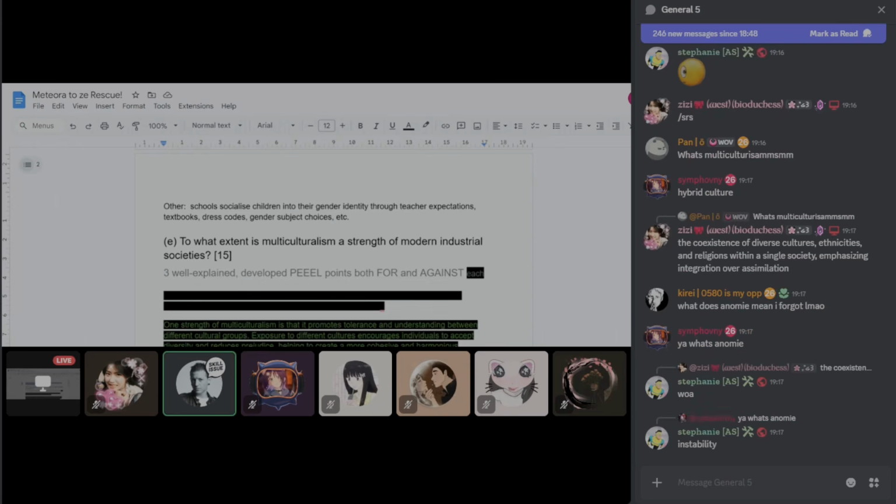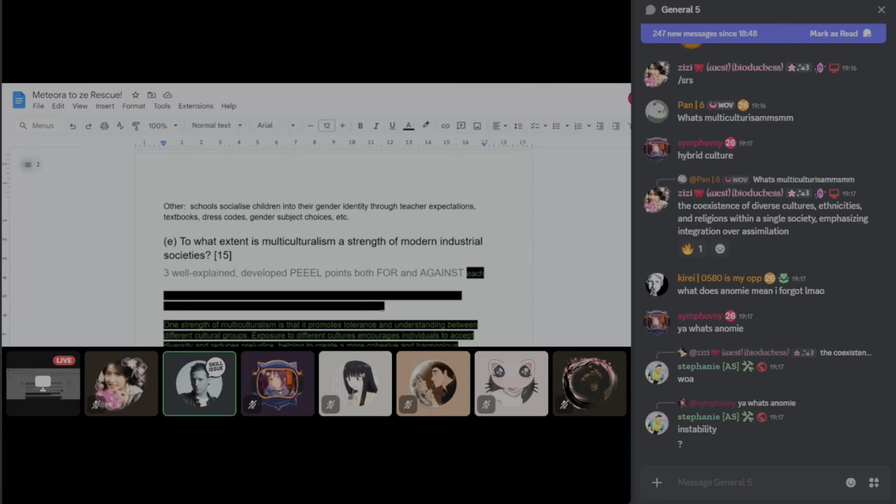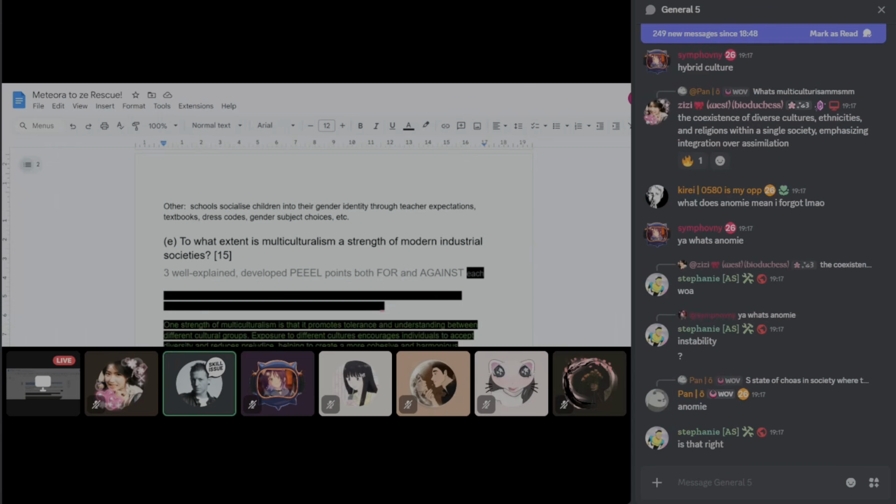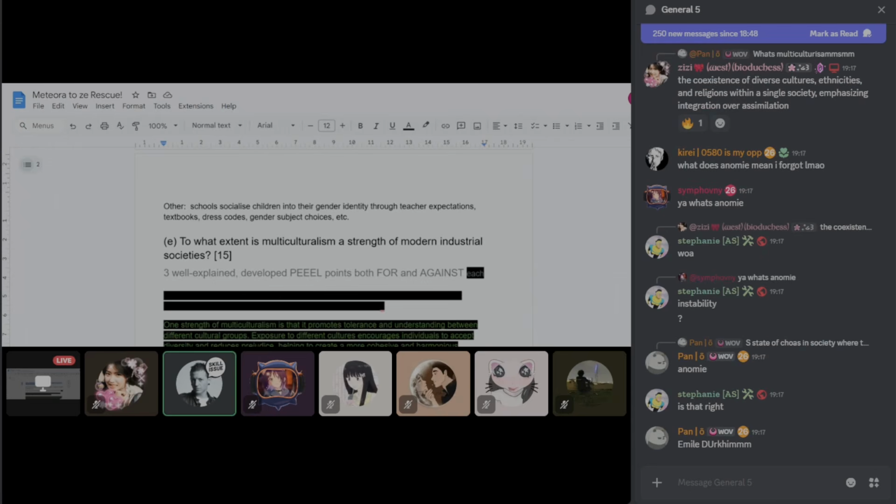What's anomie? Anomie is a concept by the functionalists. I forgot his name. Talcott Parsons, I think. Am I right? Yeah, anomie is basically the breakdown of order. When there's no more consensus in society, it causes civil unrest. Yeah, Emile Durkheim.